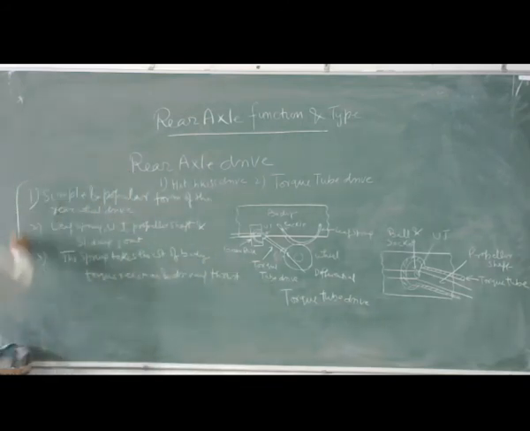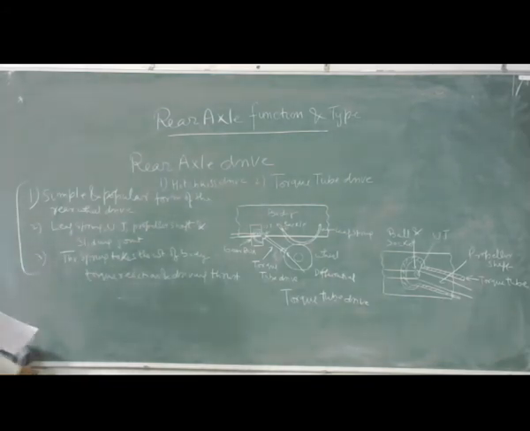These are the details about the Hotchkiss drive. It is very simple, very popular also, and it is a very simple rear wheel drive. Parts: leaf spring, universal joint, propeller shaft, and sliding joint is there. Then the spring takes the weight of the body, torque reaction, and driving thrust. This is for the Hotchkiss joint.